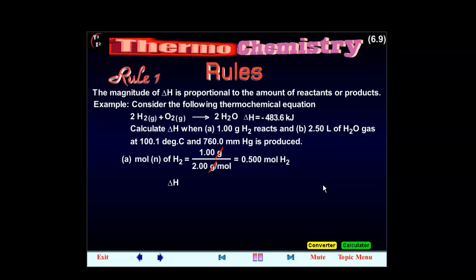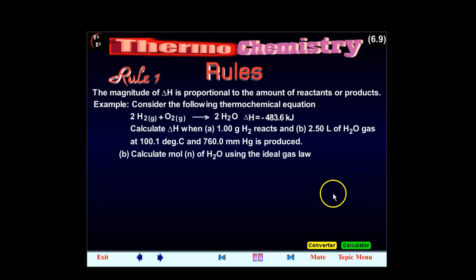Delta H equals 0.500 mole H2 times negative 483.6 kilojoules divided by 2 moles H2, equals negative 121 kilojoules.